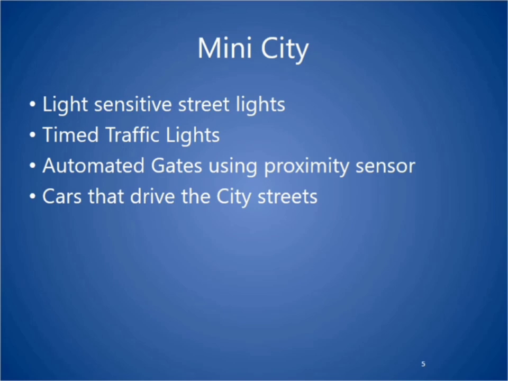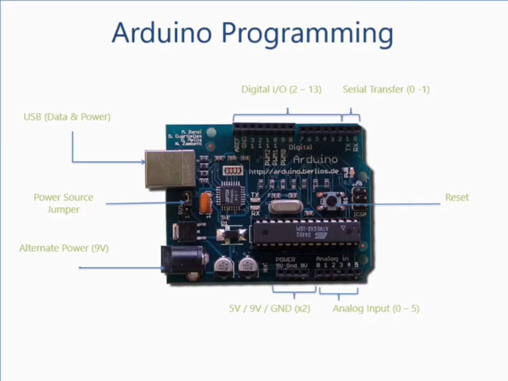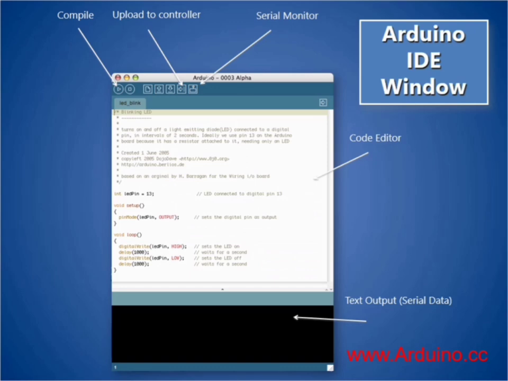There are so many other things that we can do to build a mini city, and that too with the help of Arduino. Here you can see there is an Arduino and there are various parts, and this we have already discussed in our previous lecture when we were discussing the hardware part. So let us move to the programming part.